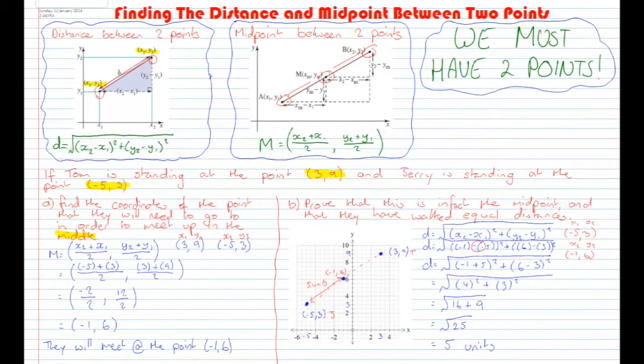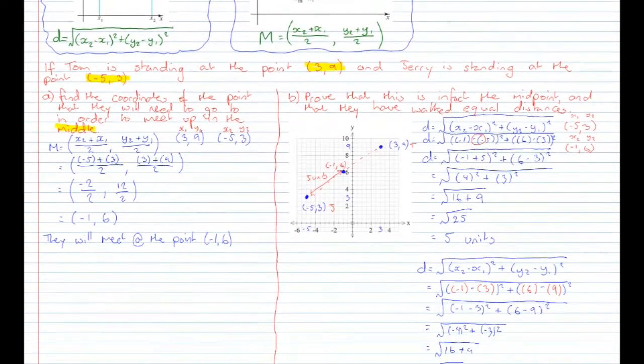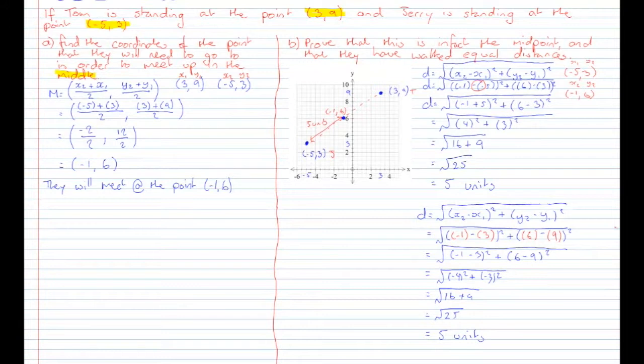Looking for the distance between myself and the midpoint now, let's come down to something that I prepared earlier. We've got the distance formula. I'll write out my coordinates first, 3, 9, and the coordinates of the midpoint, negative 1, 6. This is x1, y1, and this is x2, y2.